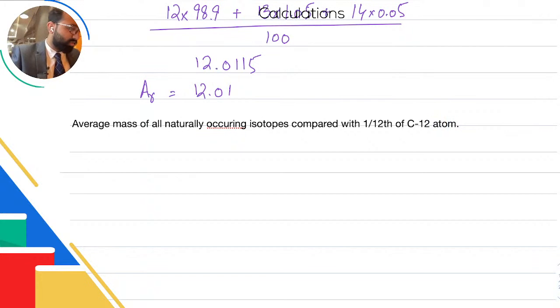Wait a minute, what? So you are saying that you have weighted average, sure, or average mass, sure, that's fine, makes sense. What is that last part? Compared with 1/12 of carbon-12, like what? So basically the idea is that you're going to assign them some weightage, some unit, right?